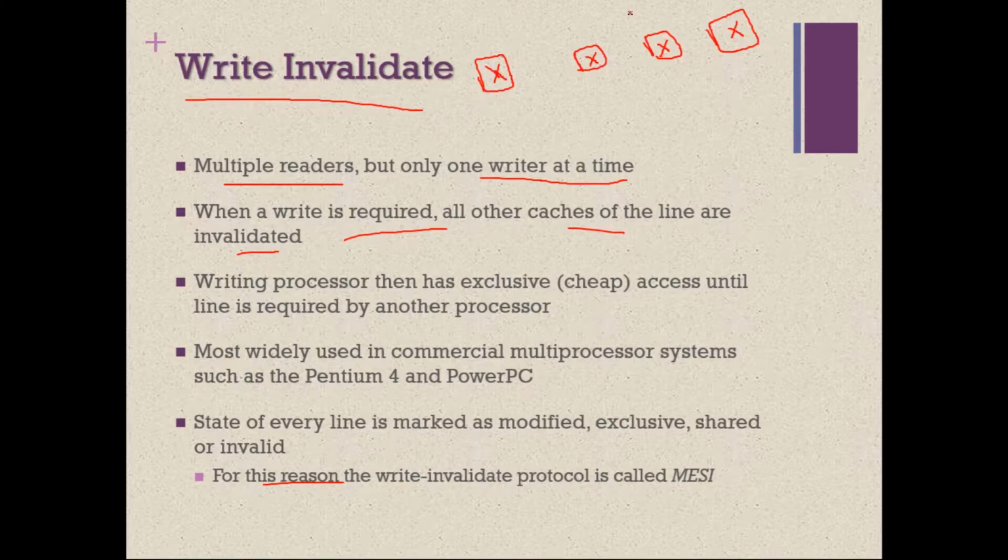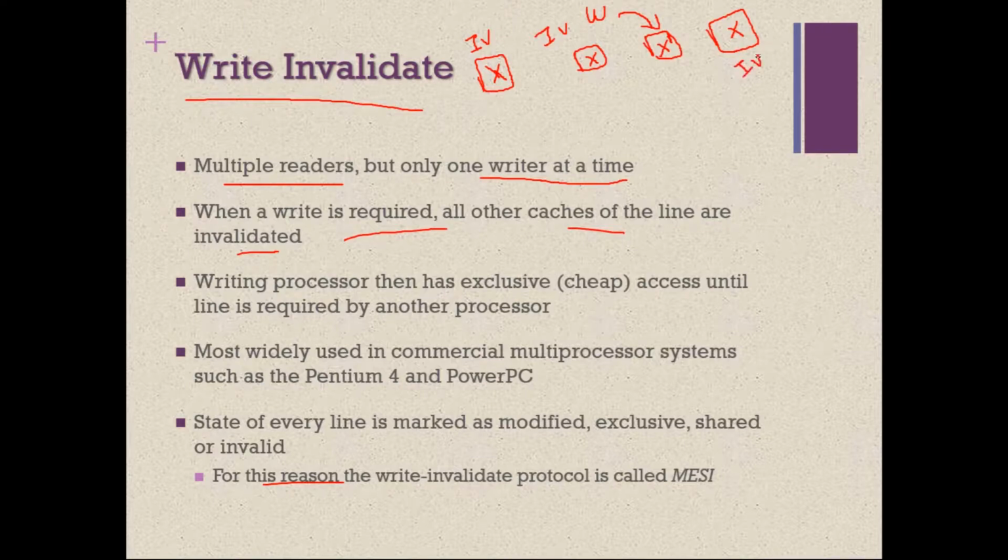Say meanwhile one of the processors wants to update X. Multiple readers are allowed, but only one writer is allowed. Only one can write at a time. So this processor is now going to change X to X dash. But before making X to X dash, all the other copies should be invalidated, because X is going to be modified. So this copy is no more valid, and the cache should know that it is invalid.